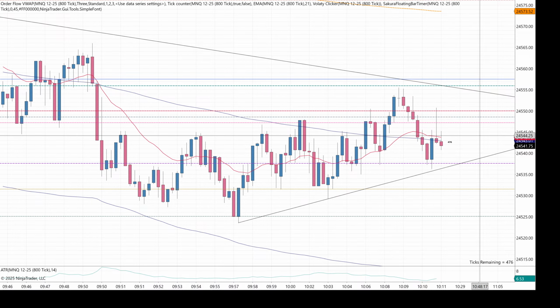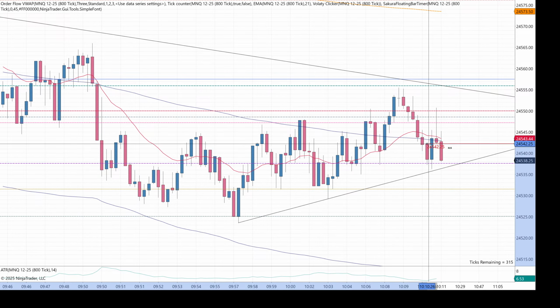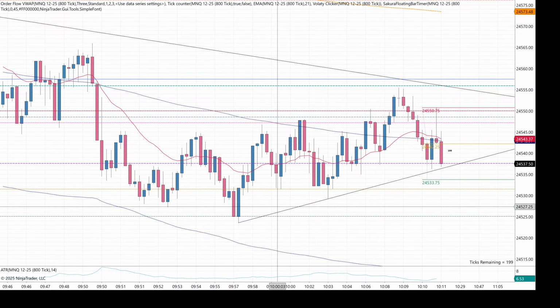Got another bearish trigger, but I'm not going to take this one because of this trend line.